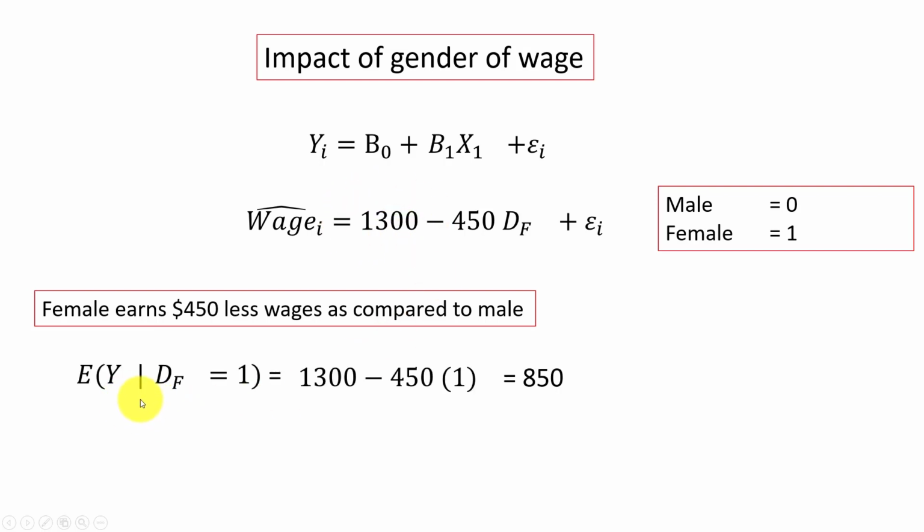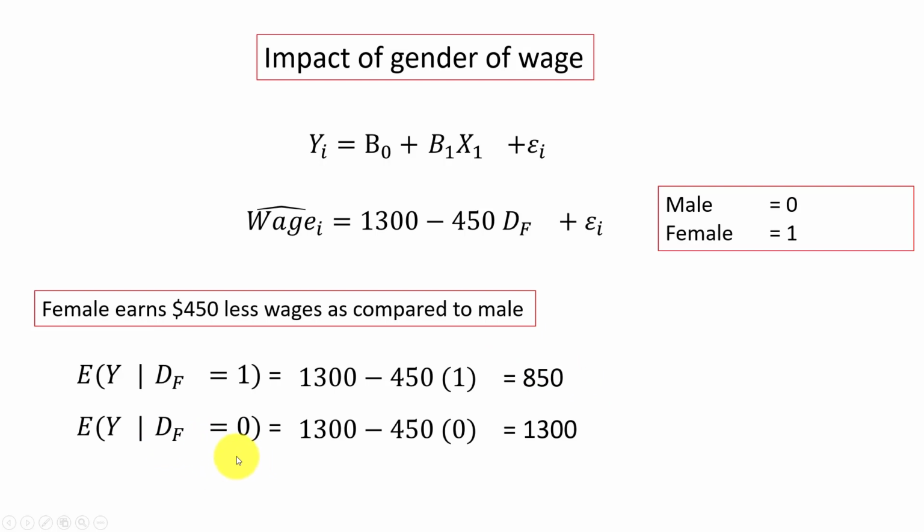If we do it numerically as we did before, the expected wage for female, when df is equal to 1, in this case 1 would mean female, is $1,300 minus 450 into 1, which is $850. So the expected wage for female is again $850, and for male, which is df equal to 0, it would be $1,300. These are the exact same values.